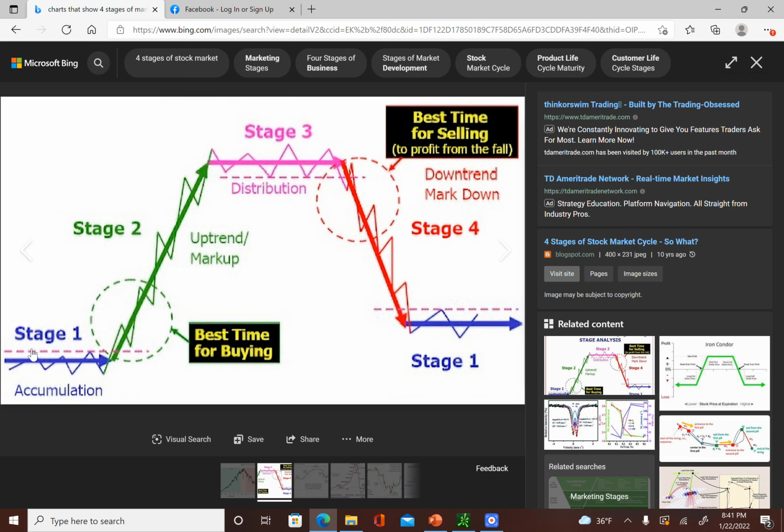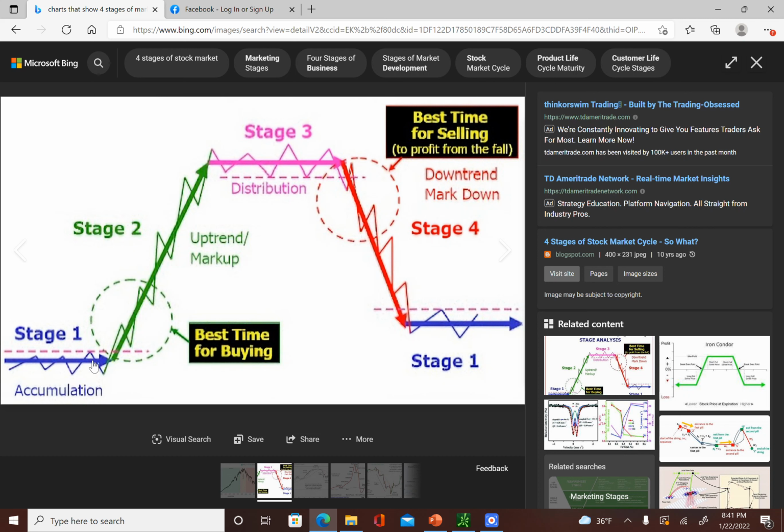Particularly with option trading and trend trading, you really don't want to sit in this stage. You want to get in on this stage. It's more important to enter at the right time as opposed to the quote-unquote best time. Buying here might theoretically be the best time to buy, but number 1, you don't have confirmation that you're in an uptrend, and number 2, you don't know how long this next period is.